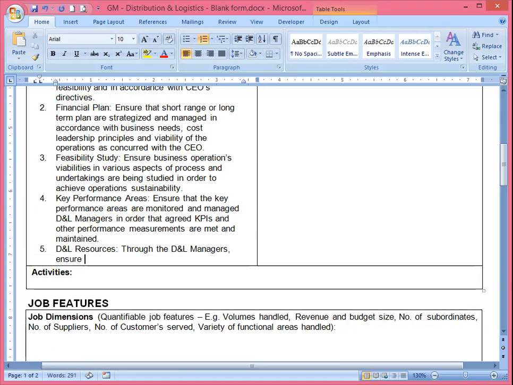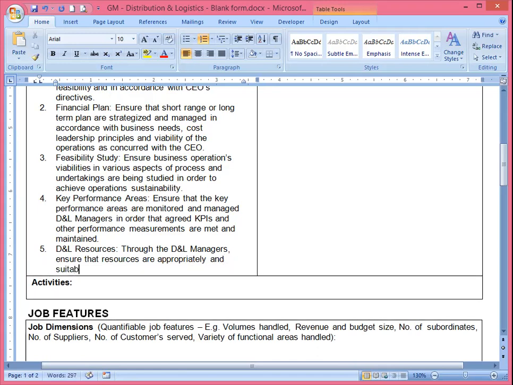Ensure that resources are appropriately and suitably planned and utilized.